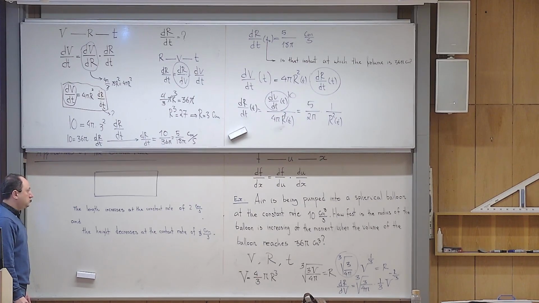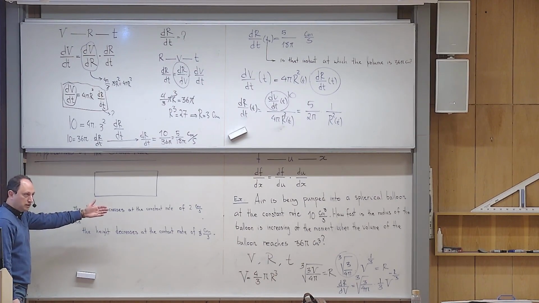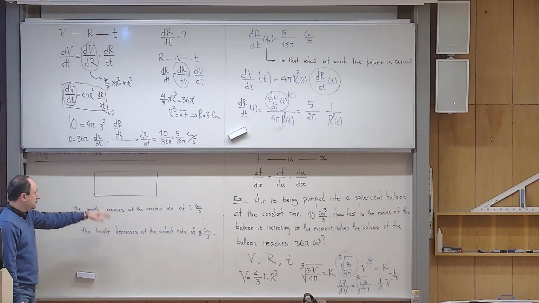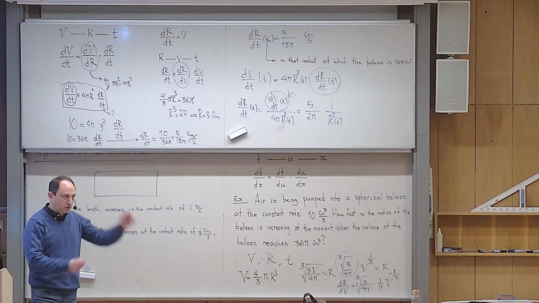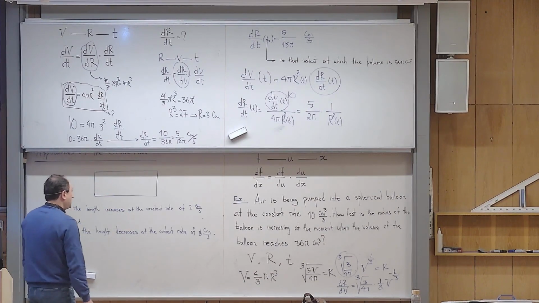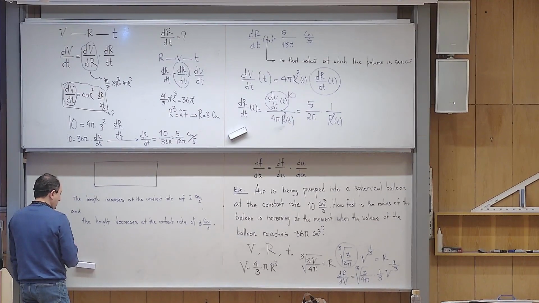So what does it mean? It means that if I start with a given rectangle, 1 second later, the length is 2 centimeters longer, and simultaneously the height is 3 centimeters shorter. That's what I am doing. Now we want to understand, so answer this question.